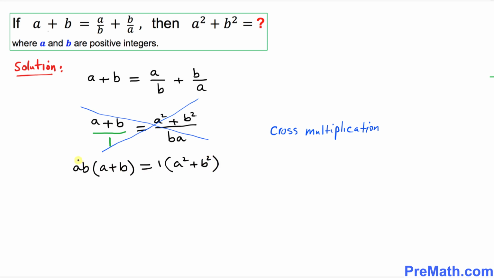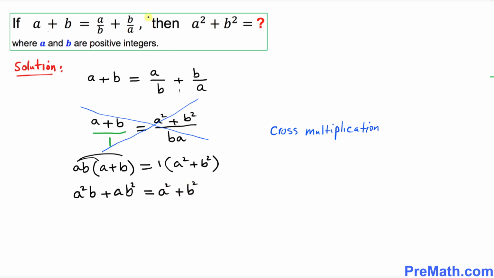Now let's go ahead and distribute this. That simply becomes a square b plus ab square, equal to this. When you multiply the right side, that simply gives us a square plus b square.